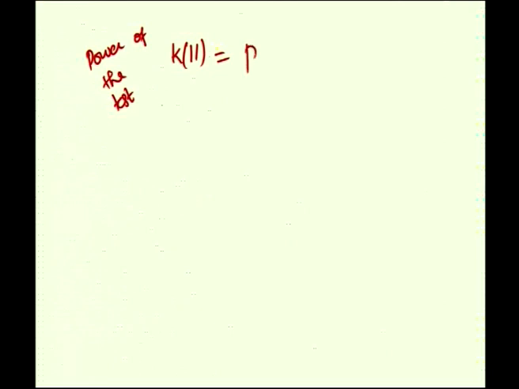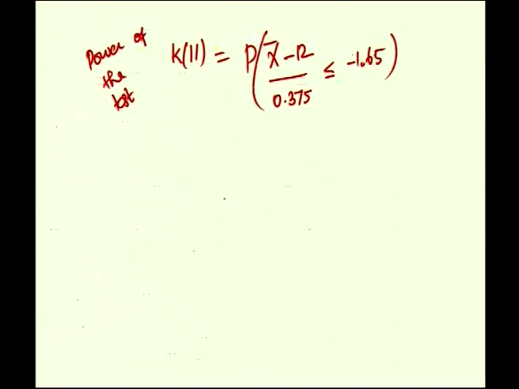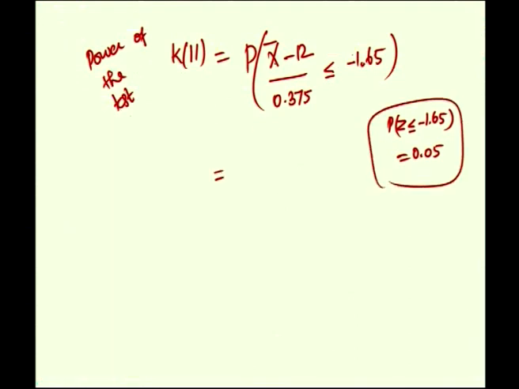Power of the test is K of 11. It is P of x bar minus 12 divided by 0.375 less than or equal to minus 1.65, because the level of significance is 5% and we know that P of Z less than or equal to minus 1.65 is 0.05, as already discussed. Z is substituted as x bar minus 12 by 0.375.